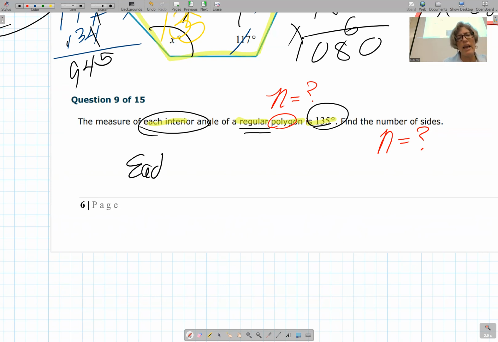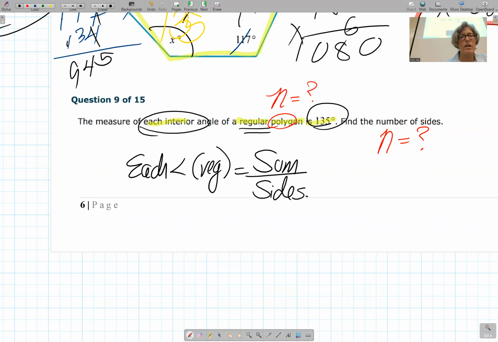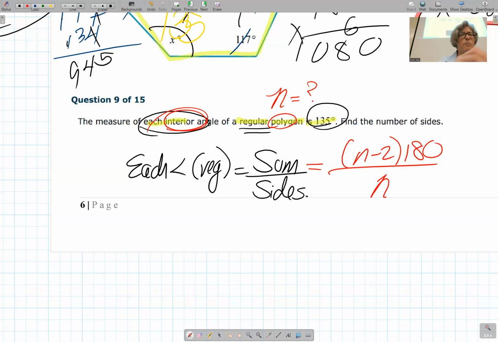So each angle of a regular polygon is sum over sides. Which sum? Interior. So that is n minus 2 times 180 over the number of sides n. Boom. And you're told that it equals 135.